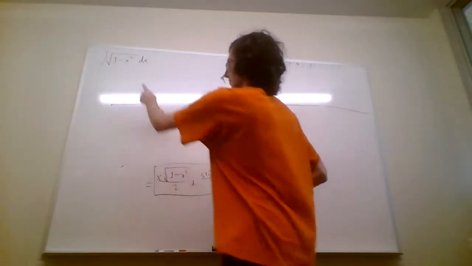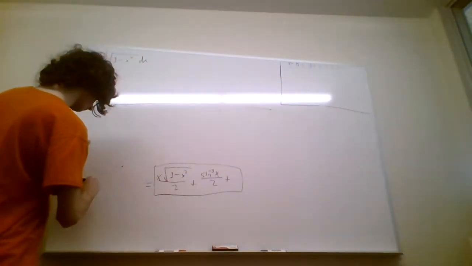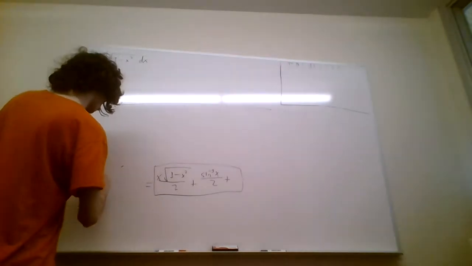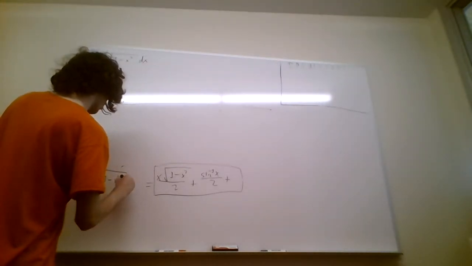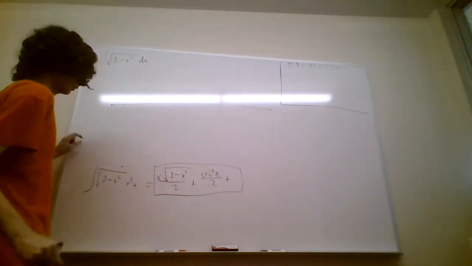So that's what this integral is. I'm going to write that down. The integral of the square root of 1 minus x squared dx is equal to that.